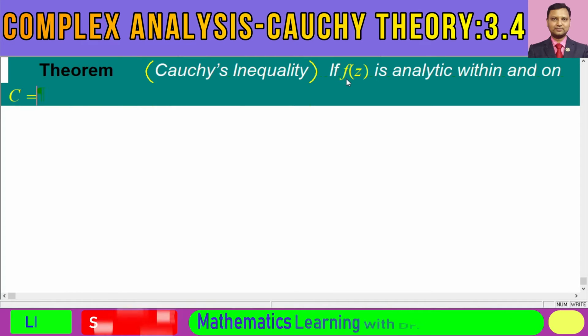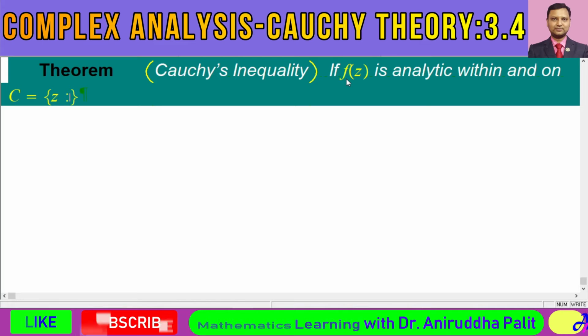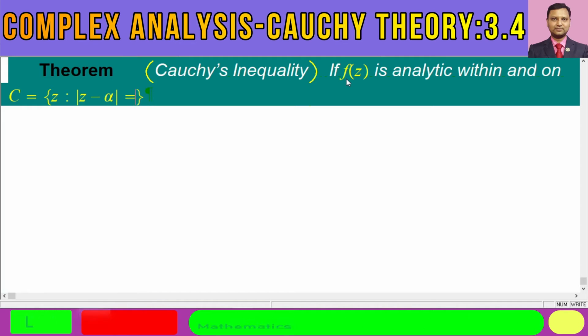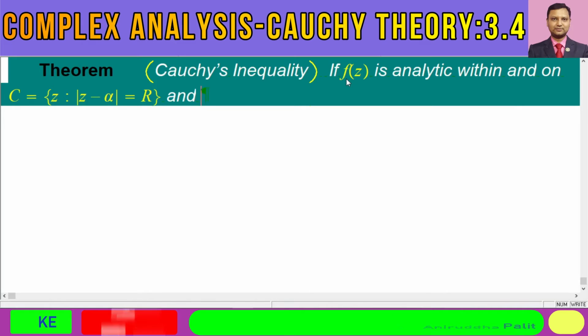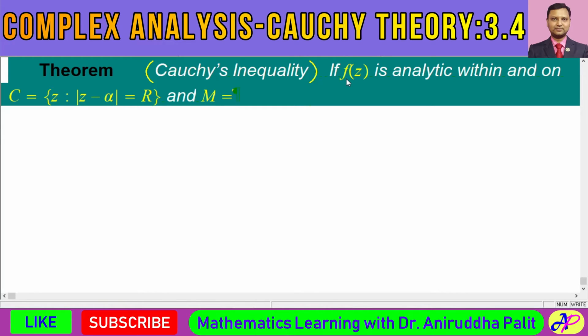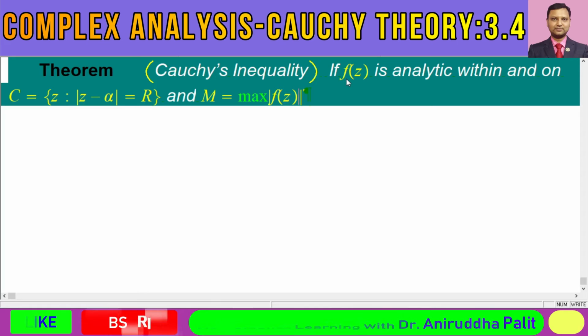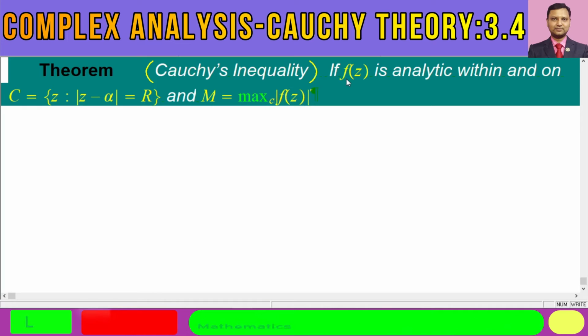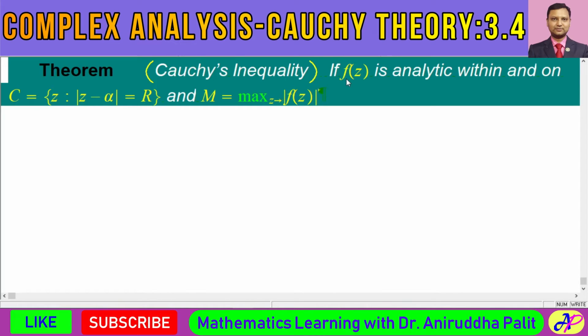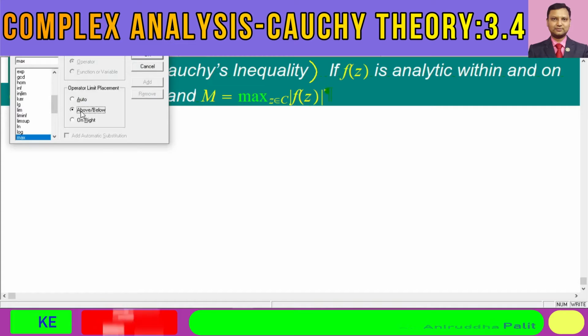C is the circle, the set of z such that modulus of z minus alpha is equal to R, a circle with radius capital R. And M is a number which is the maximum of modulus of f of z, where z belongs to this curve C. That means z is a point on the curve C.